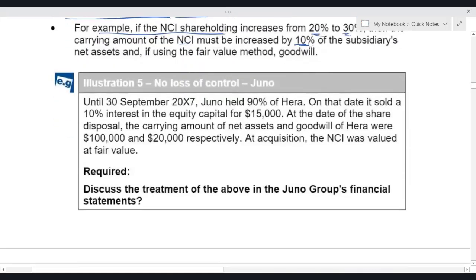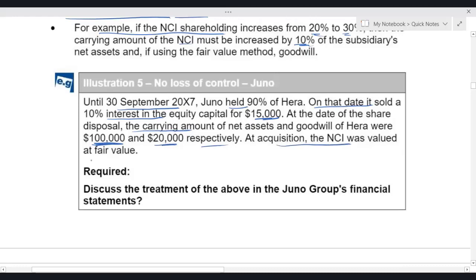Look at this. Up till 30th September X7, Juno held 90% of Hera. On that date, it sold a 10% interest in the equity capital for 15,000. At the date of the share disposal, the carrying amount of the net assets and goodwill was 100,000 and 20,000 respectively.